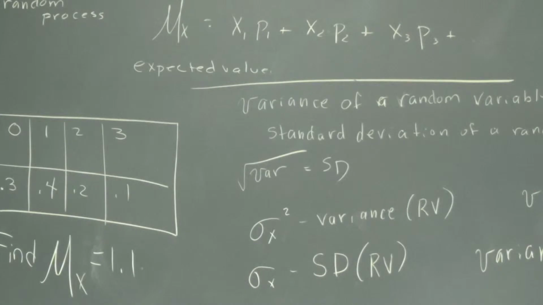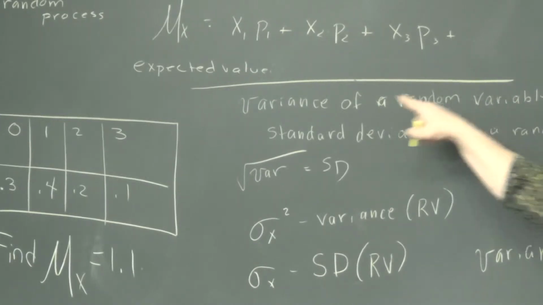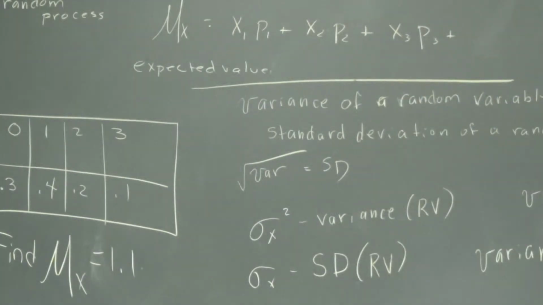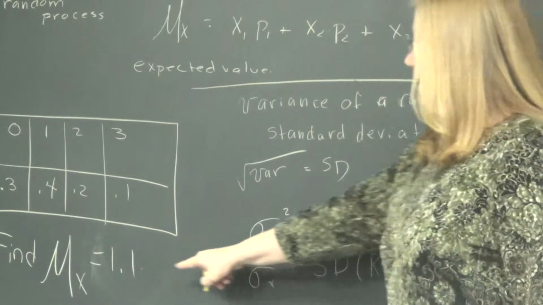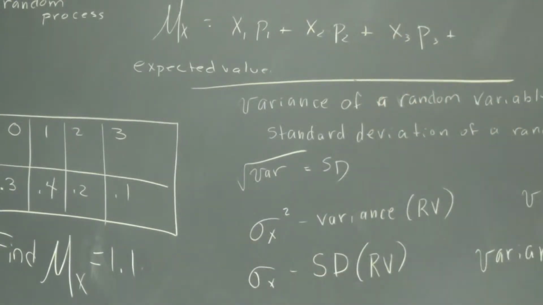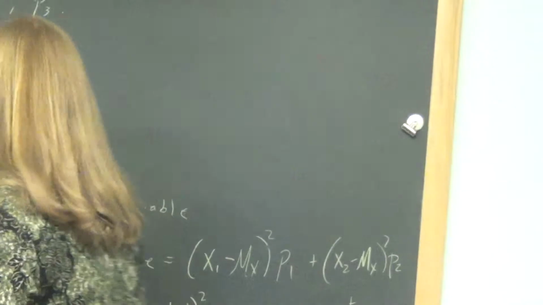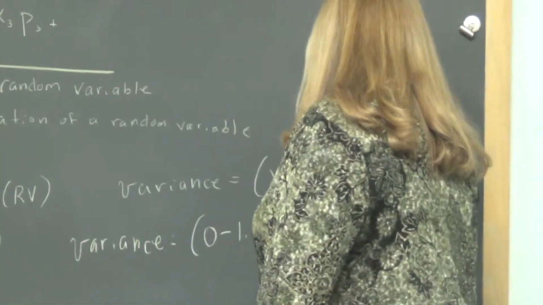X sub 1 is the first possible outcome, which is 0. This won't zero out this time. 0 minus the expected value we already calculated, 1.1, quantity squared, times the probability of that outcome, which is 0.3. That is the first iteration.